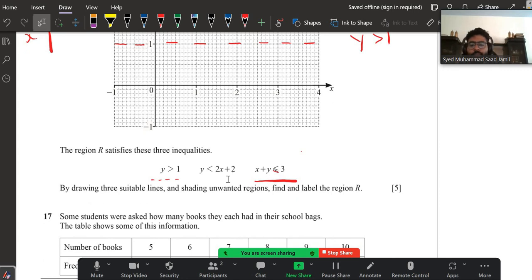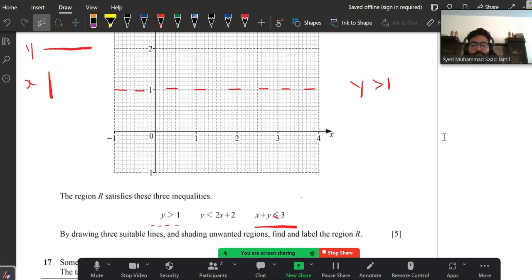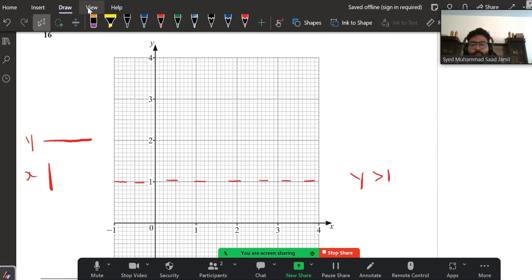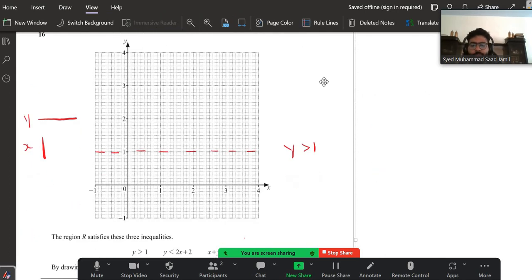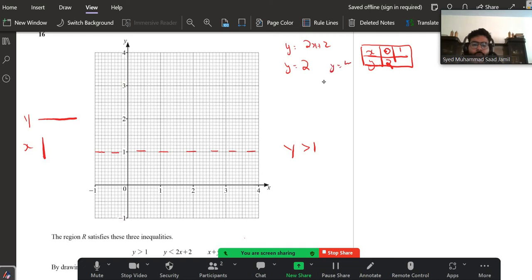Moving on, it says y is less than 2x plus 2. So what we will do over here, we will just construct a graph. Let's say y equals 2x plus 2. Take two values, let's say 0 and 1. So when x is 0, y is 2, and when x is 1, y is 4.